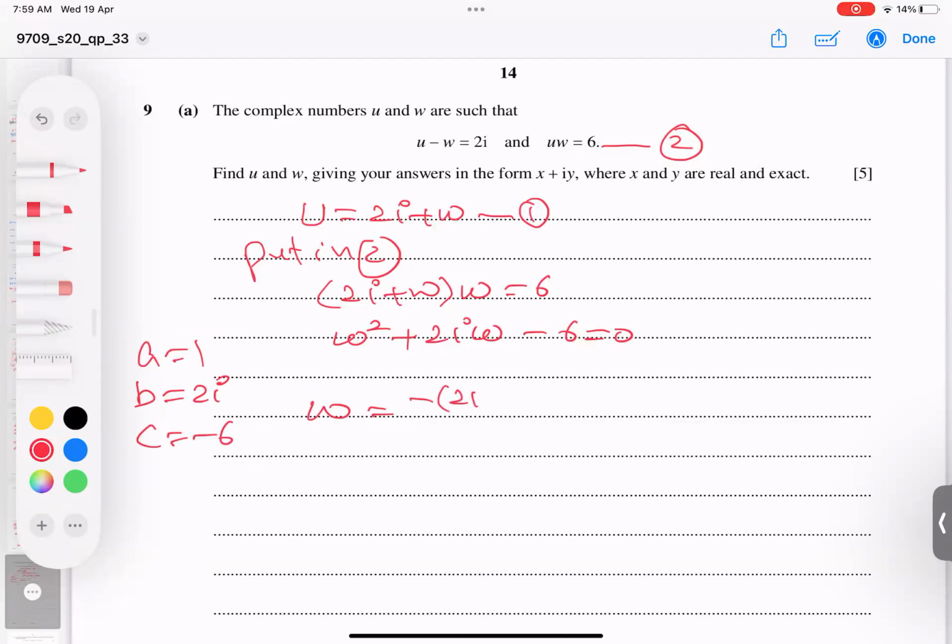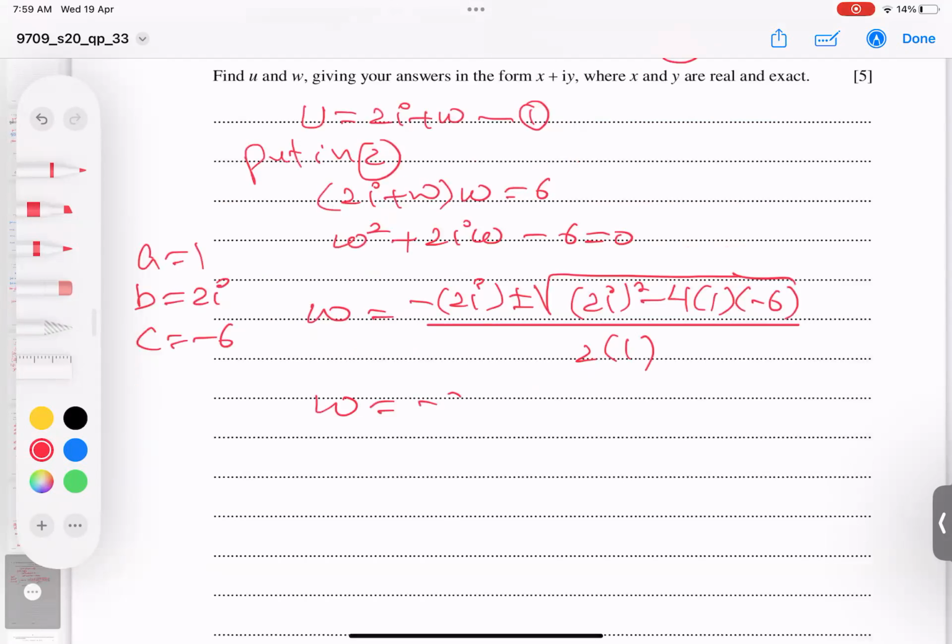Negative B plus or minus root of B squared minus 4AC, with C minus 6, over 2A. And A is 1. So W becomes negative 2 iota, and inside, the square of iota is minus 1, because you must know iota squared is minus 1. And the square of 2 is 4. So here I got minus 4. Minus minus plus, I got 24.